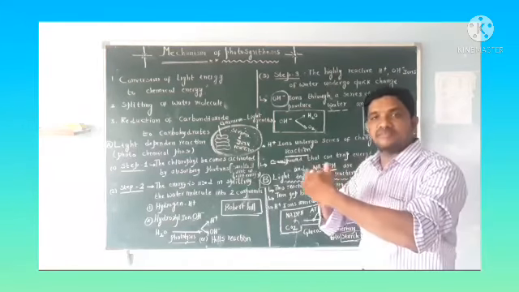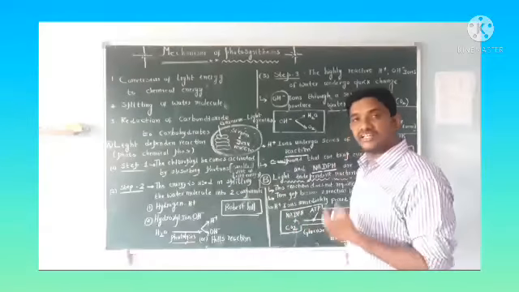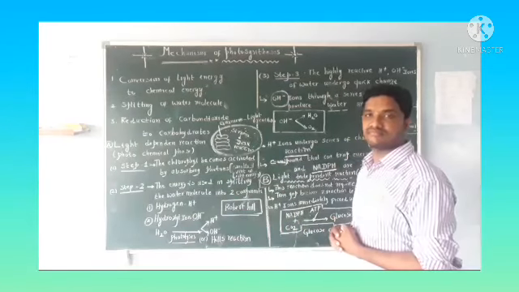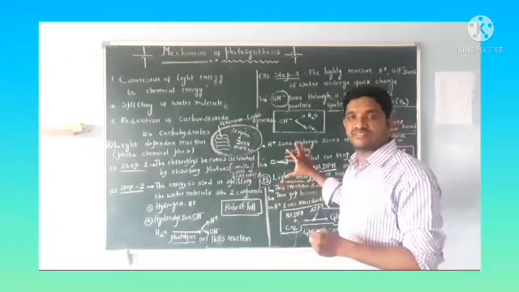This glucose immediately changes into starch, which is the storage form of food material in plants. Finally, glucose is formed in this process.